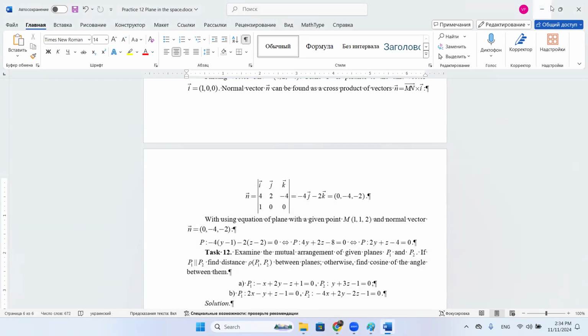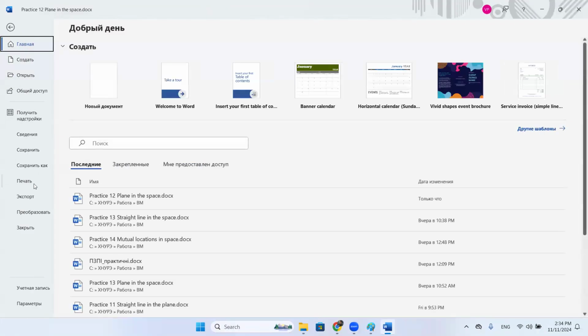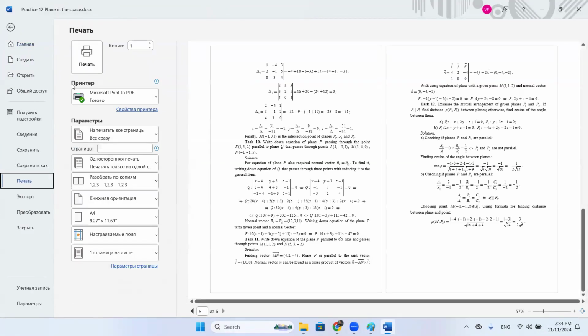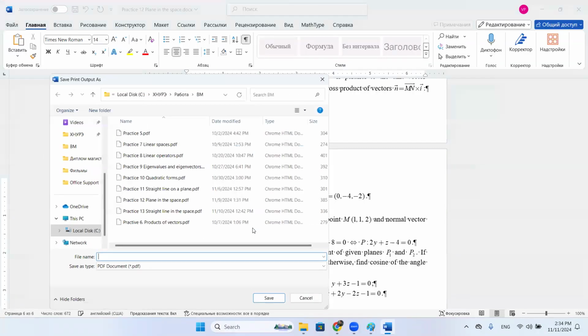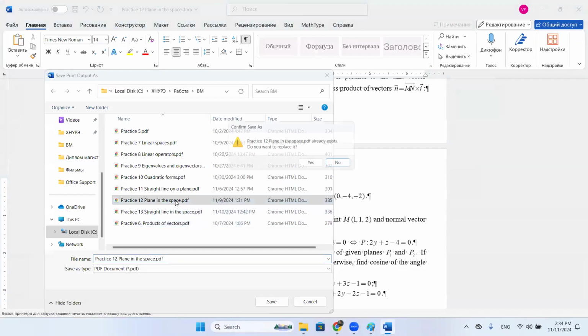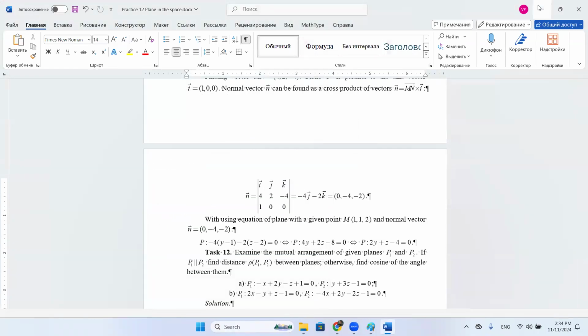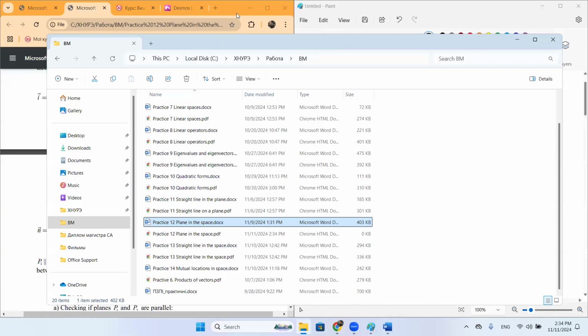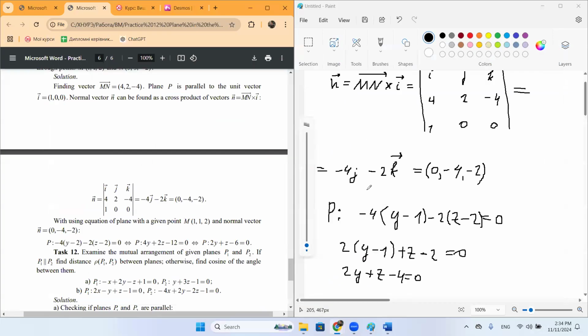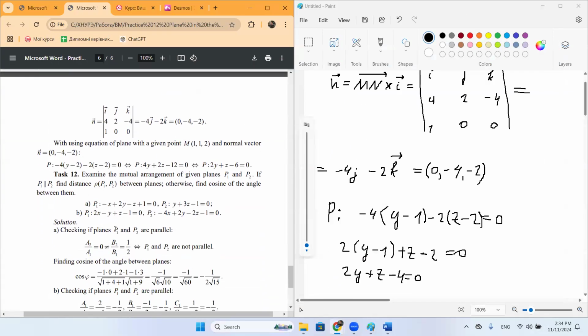So now everything is correct. Okay, and let me, of course, reprint it. And moving next, I will re-upload it after the lesson.